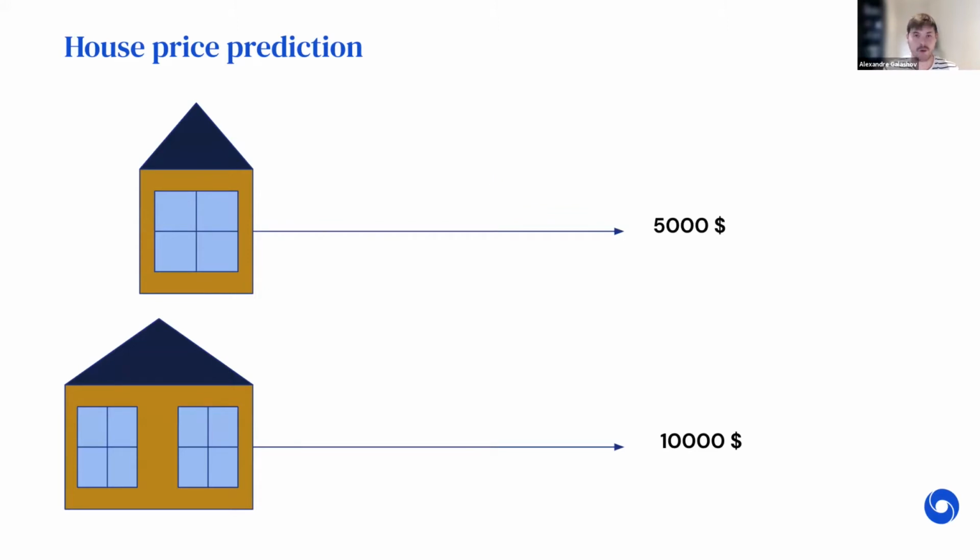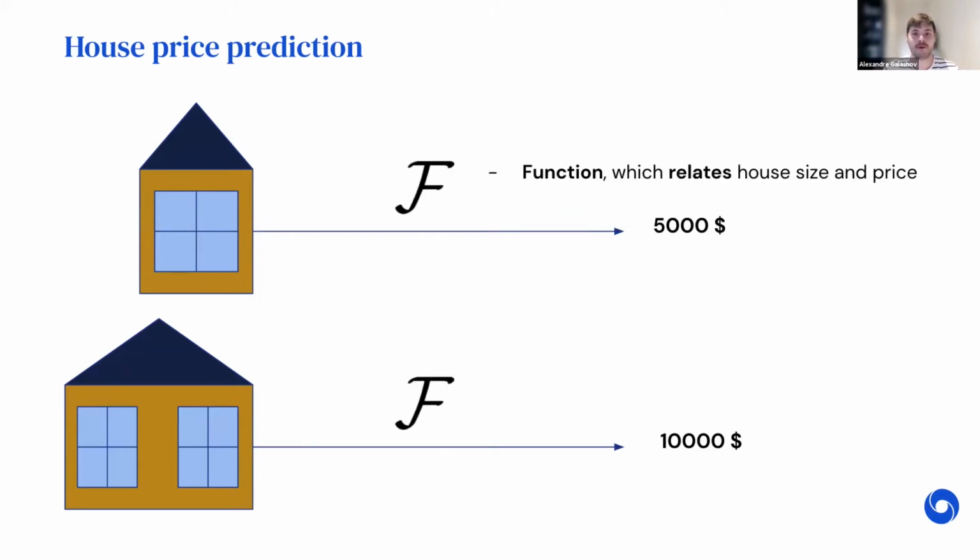In other words, you want to have something called F, which for a given house will give you the price of this house. We may call it a function. It relates a house size to its price, so it describes the relationship between two sets, which are sizes and prices.